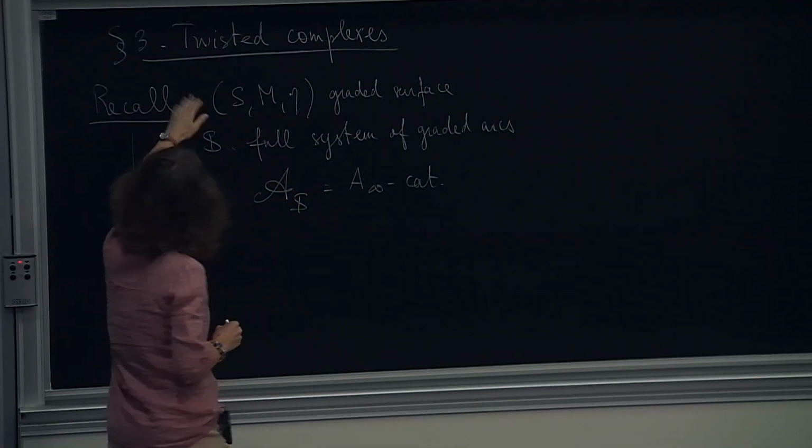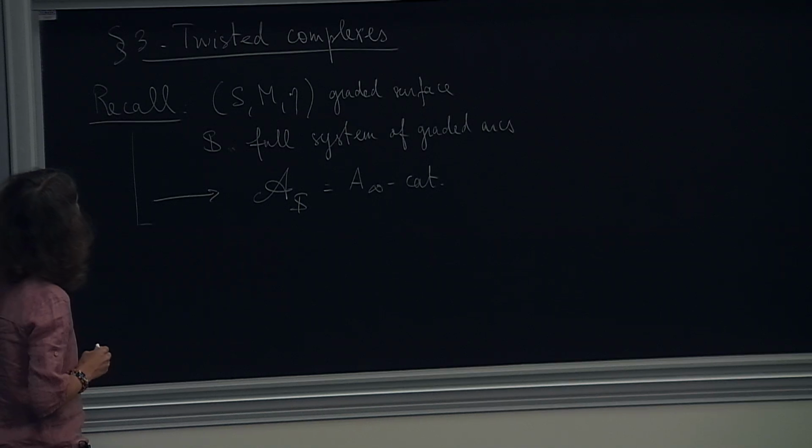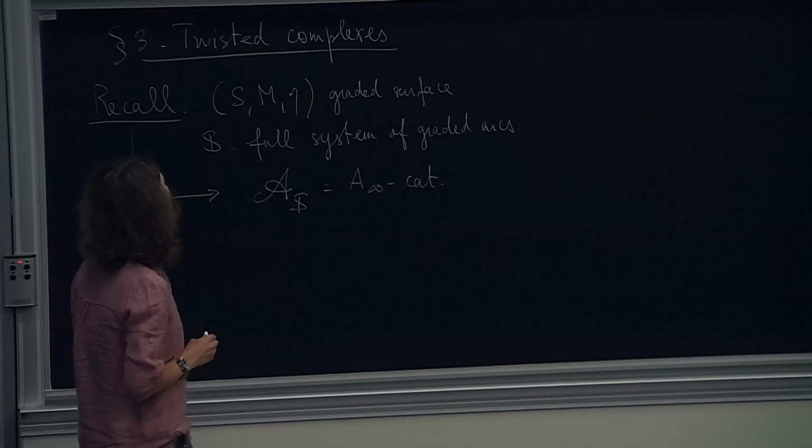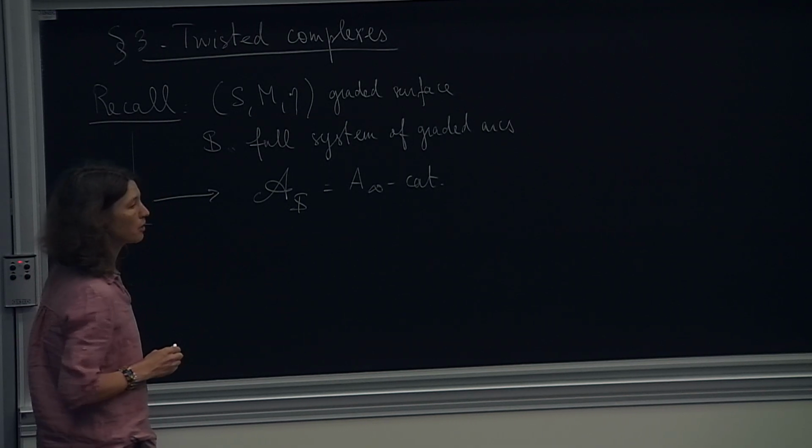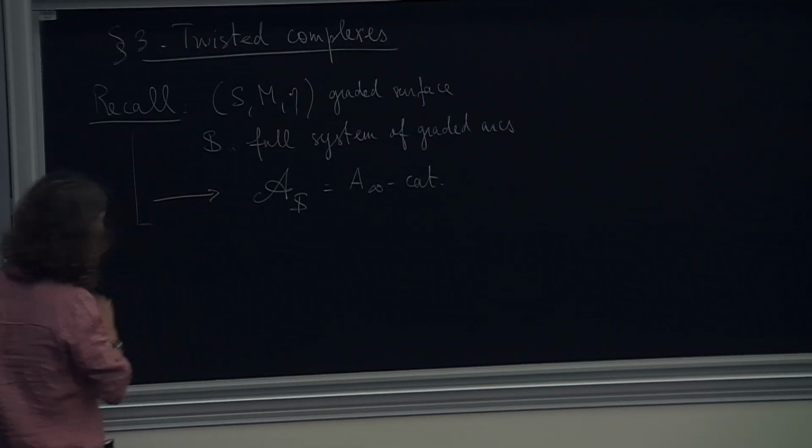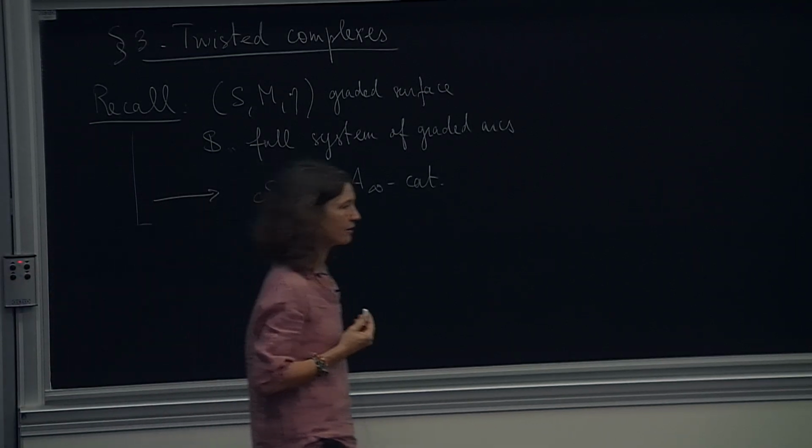And the aim of this construction of twisted complexes is, from an A infinity category, how can we build a triangulated category?